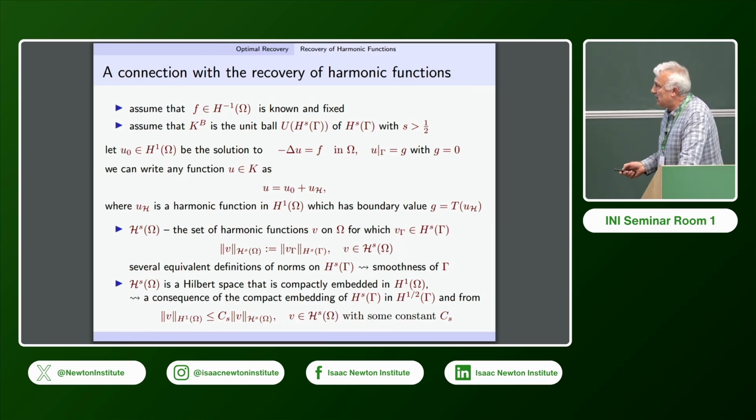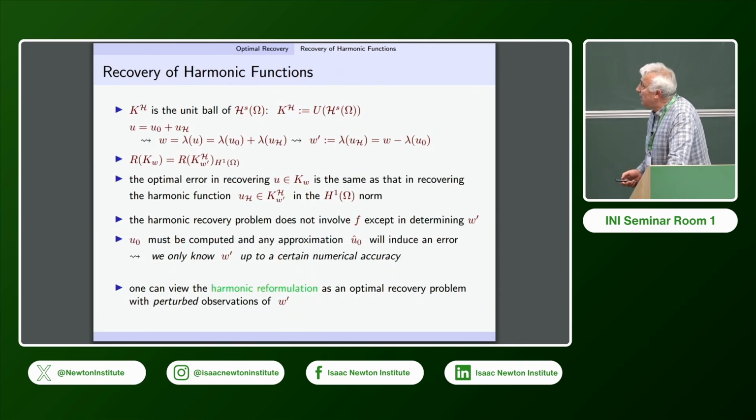And the good thing is that curly HS is a Hilbert space that's compactly embedded in H1, because we have a compact embedding for S bigger than 1/2, and we have this inequality between the norms.